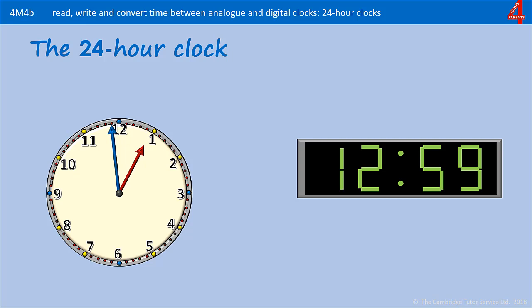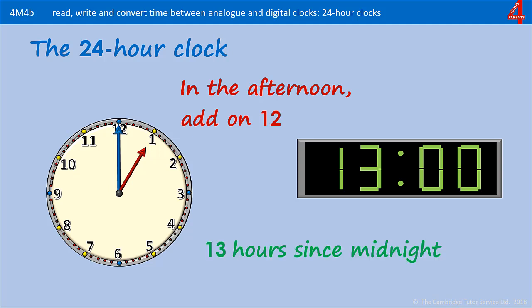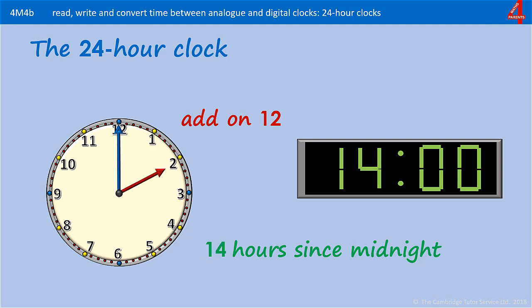Instead of showing 1 o'clock, as happens with the 12-hour clock, the 24-hour clock at 1 o'clock in the afternoon will show that it's 13 hours. We just add on 12 to the 1 to make 13, and that's telling us that it's 13 hours since midnight, since the brand new day started.